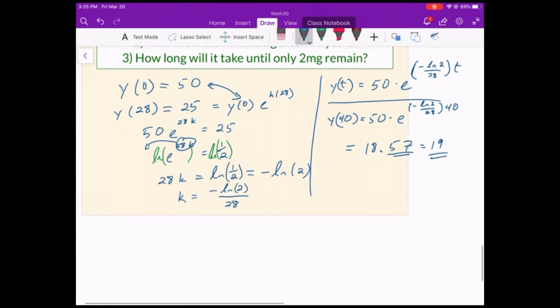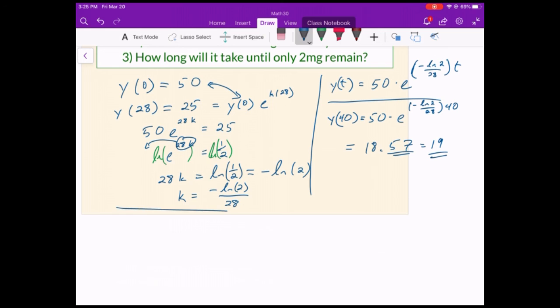All right, so let's look at number 3. How long will it take until only 2 milligrams remain? Well, here we want to solve for t. Y value, though, is going to be my 2 milligrams. So I'm going to take 2, set that equal to my function, and then solve for t. 2 equals 50 e to the negative ln 2 over 28 times t, and we've got to solve for t.